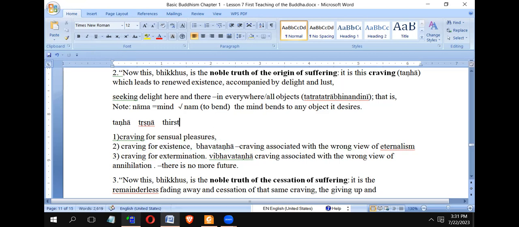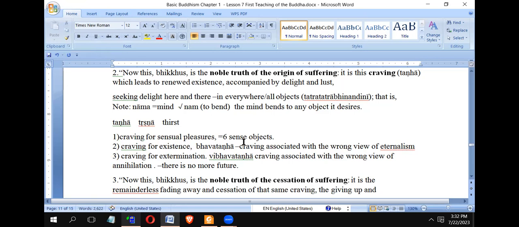It means thirsty. When the mind is having craving, it's not peaceful. The mind is craving for this, thirsty, keeping on wanting some more. So this is the normal one. Sensual pleasure means the five sense objects, or six including the mind, so six sense objects.